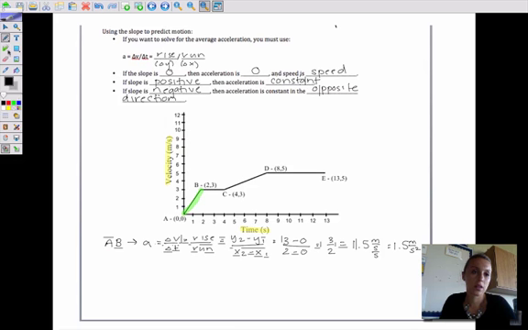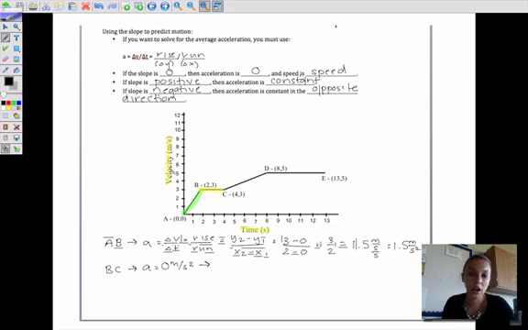The next thing we're going to calculate the slope for is B to C. And we're going to shorten this line of work because I think you guys have a better understanding of that now. But also, we know that it's a flat line. So the acceleration here is 0 meters per second squared. However, this line is not on the x-axis, which means our object is still moving because it has a velocity.